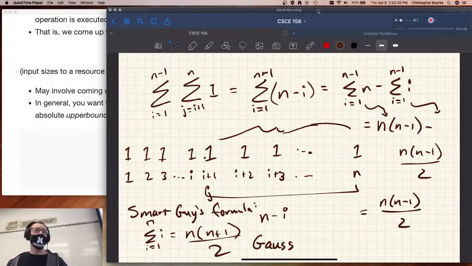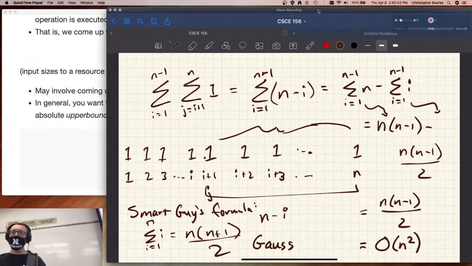It's just the second term. The second term is half the first, so that's all I need. Now this is order n squared, because as we've already looked at before, the highest order term there is quadratic. We can characterize this as a quadratic function.